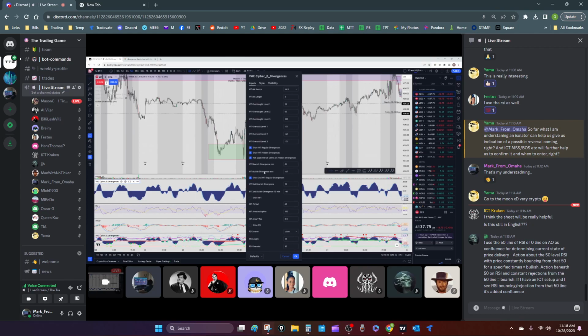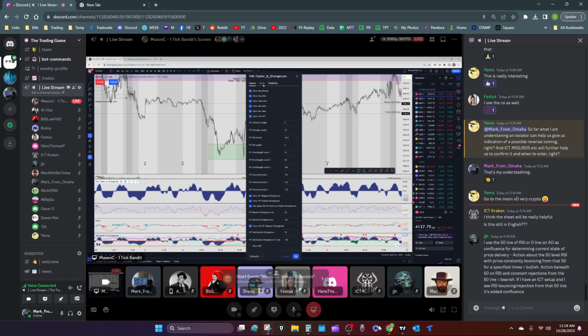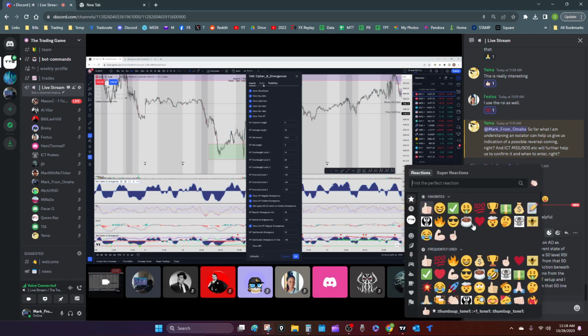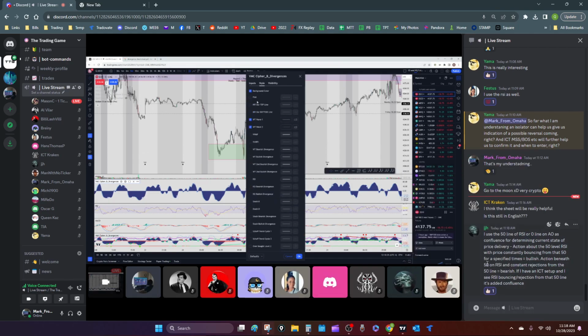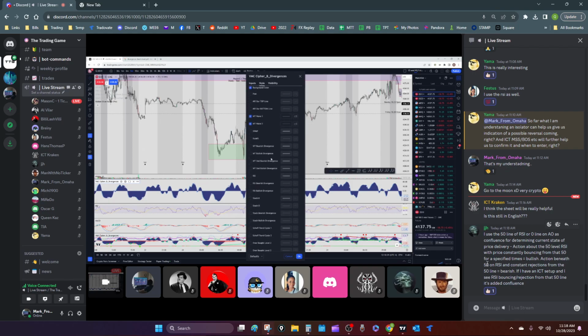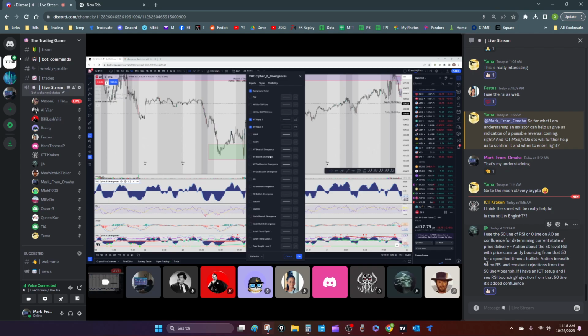I just leave the WT, regular, hidden divergences checked, but even I turn those off in the style. So in the style, I use background color, WT wave 1, WT wave 2, and then everything else is unchecked. Just those two things in the style gets it to this plain Jane looking. Okay, good deal.